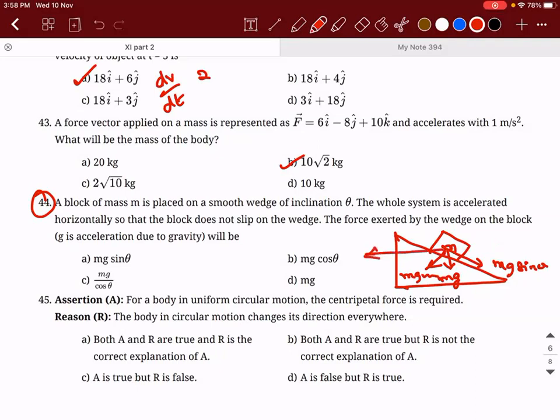Force should be applied like this. Yeah, tell me. So mg sine theta, what will you do? You're getting mg sine theta because this is theta. If this is theta, this is also theta. The force exerted by the wedge on the block will be how much? Tell me.